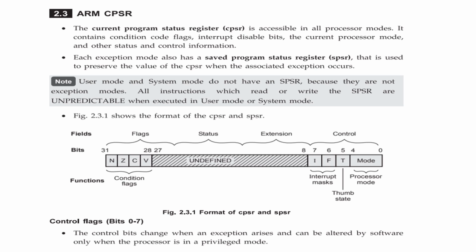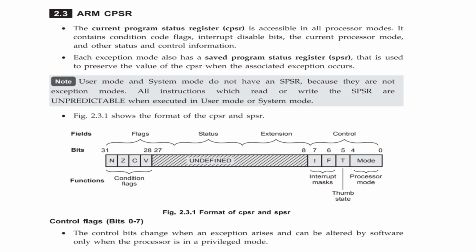Each exception mode also has a saved program status register, as we have seen in the earlier video. That is, it is used to preserve the value of CPSR when the associated exception mode occurs. So all in all, this CPSR maintains what action is currently going on in the registers R0 to R15.